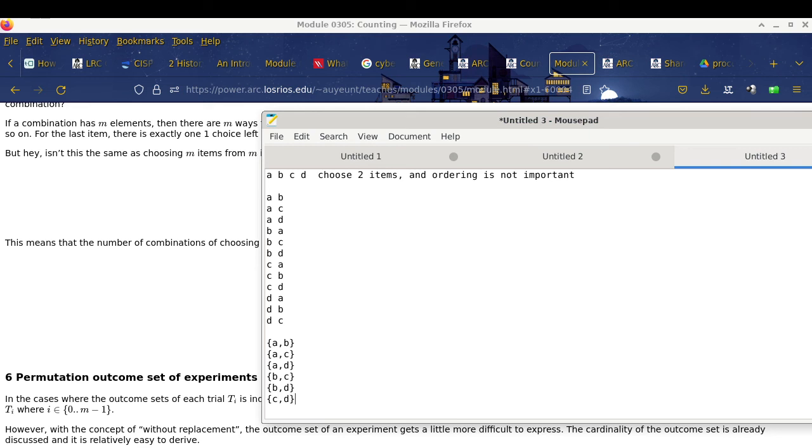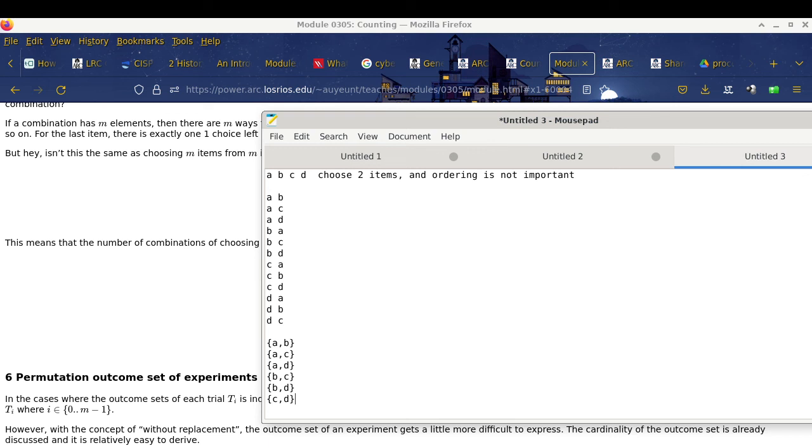So there are 6 combinations, but 12 permutations. If I look at 4 factorial, it is 24. We divide it by 2 factorial, which is 2, and 24 divided by 2 is 12. So I have 12 permutations.